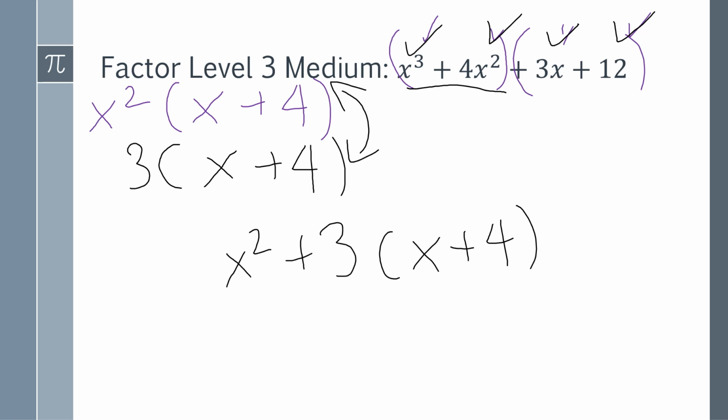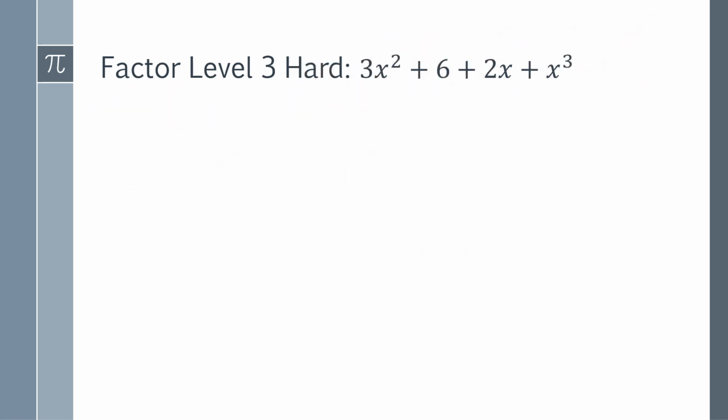All right. This is hard because you notice what's the difference between this problem and the other is that the exponents are not in the correct place. Well, we want the exponents to be 3, 2, 1, because your biggest exponent is 3. So x cubed should be in the front.